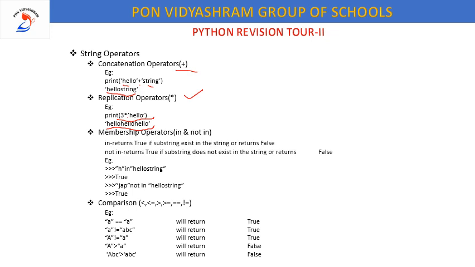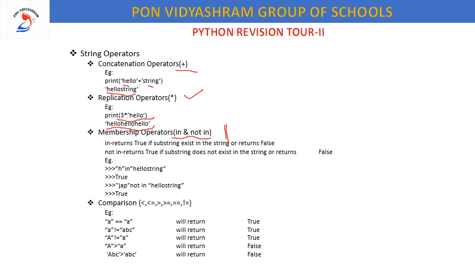The next one is the membership operator. The membership operators available here are the in and not in operators. So what are the in and not in operators? When I have a substring and I want to find whether that substring exists in a main string, this can be done using the in and not in operators.